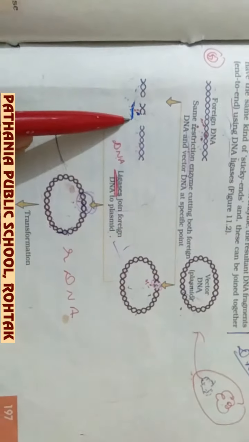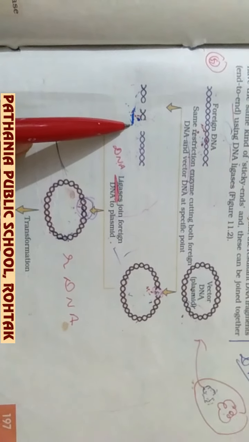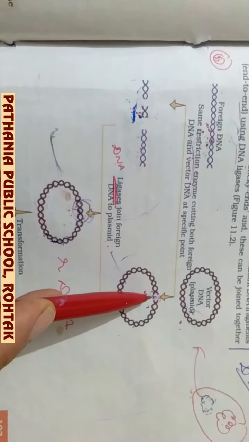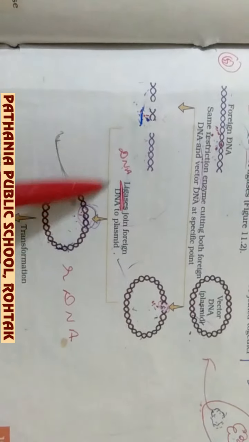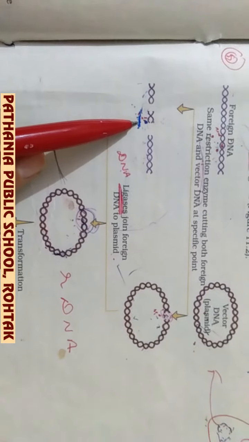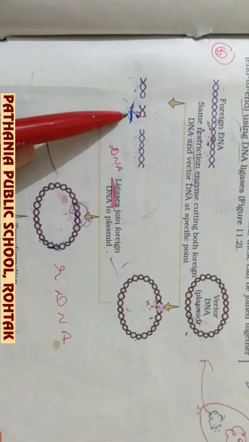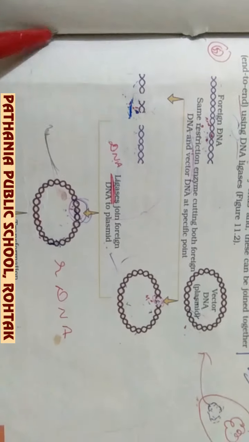Then this DNA is to be fragmented with the help of a restriction enzyme. This plasmid DNA is also to be cut with the help of the same restriction enzyme, and then this desired segment is to be polymerized to make its multiple copies, which is not shown here, but I am going to show you in the details.